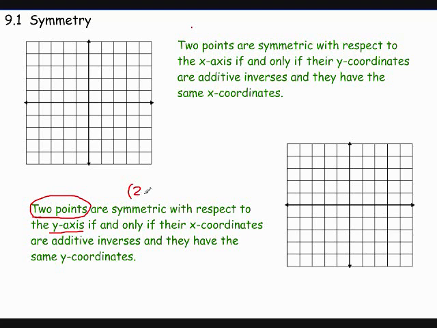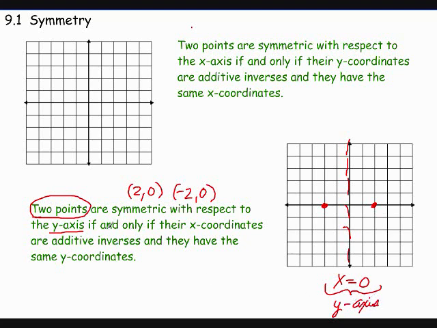We had 2 and 0 and -2 and 0. That was right there. And that's x equals 0, the line of symmetry.